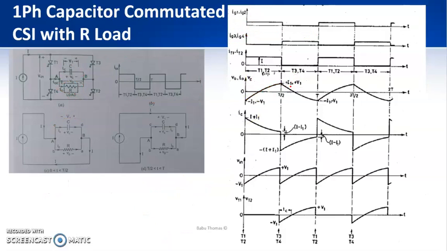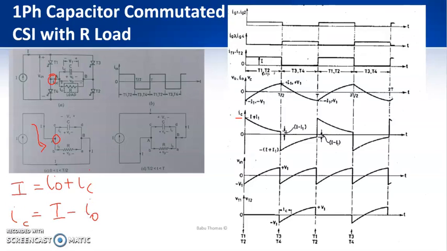Next we need to plot the capacitor current IC. For that you consider the node A. Here I is the total current which is coming inside, which is splitting into two, that is I0 plus IC, or I can write IC as I minus I0.